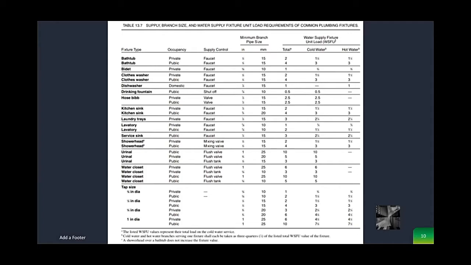So, in this table, there are different types of plumbing fixtures and each has a corresponding minimum branch pipe size. And of course, a water supply fixture unit load, or the WSFU.